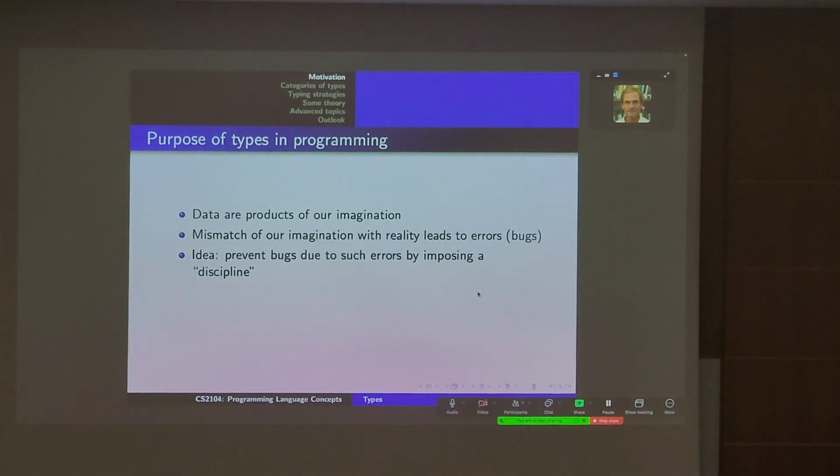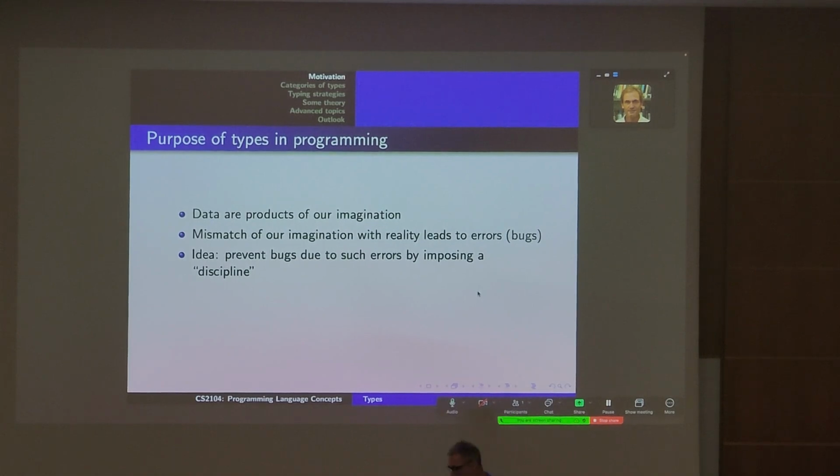So there are different approaches here, how we can prevent bugs at different stages of our program execution pipeline, which we covered when we discussed these T diagrams, right? So at different stages, you could deal with this mismatch of our imagination with what actually happens in the computer in different ways.